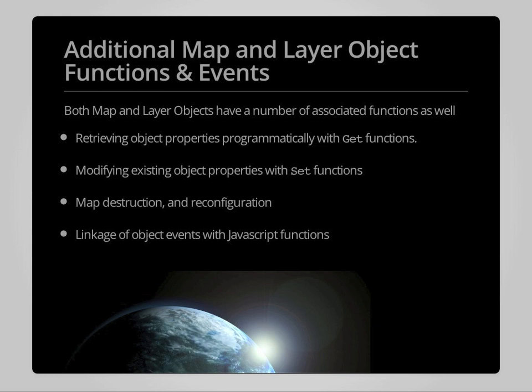So for each one of the properties, there are typically a get function and a set function, so you can read the information, and then if you would like, modify a property after the object has been created.